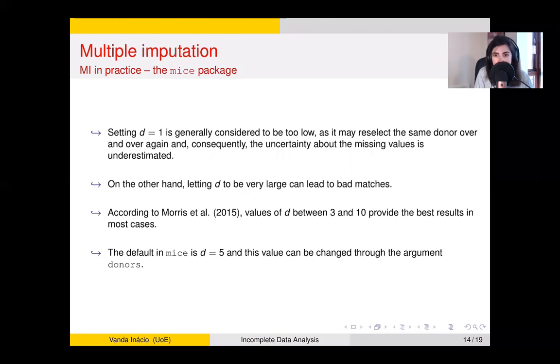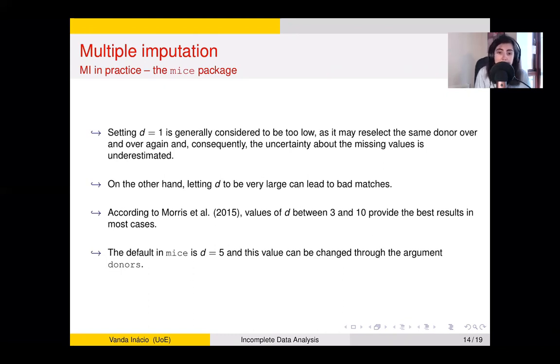But on the other hand, if we let d be too large, we might pick up bad donors, because basically we are saying that almost every observed case can be in our pool of donors, and this can lead to bad matches.